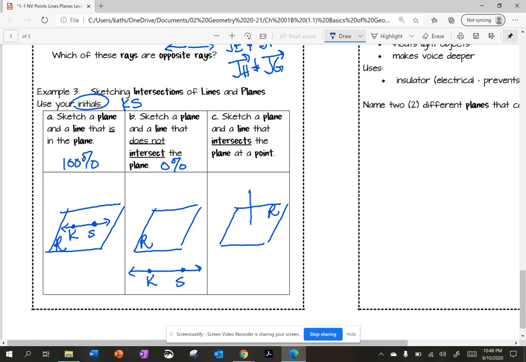To show I'm going through the paper, the part of the pencil I'd see, I'd draw solid. And the part that I can't see, I would draw dashed. But we know it's there. So I'm going to say KS.